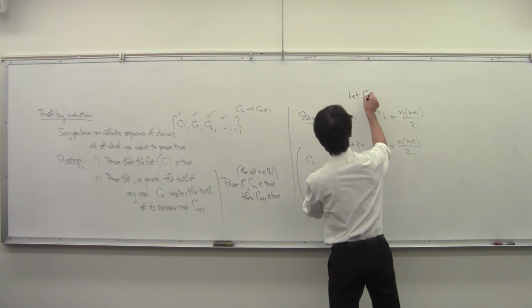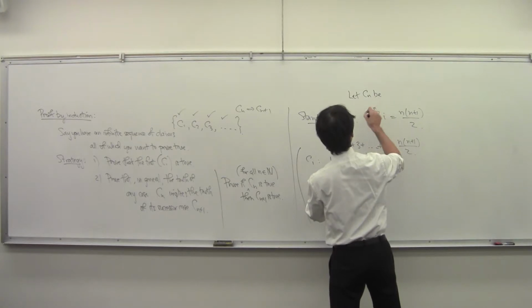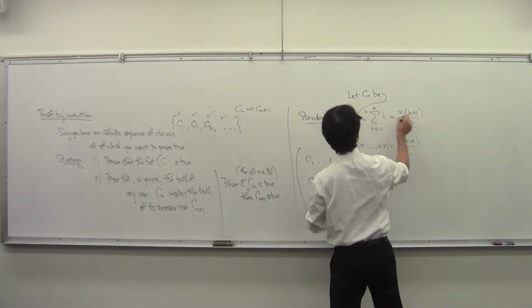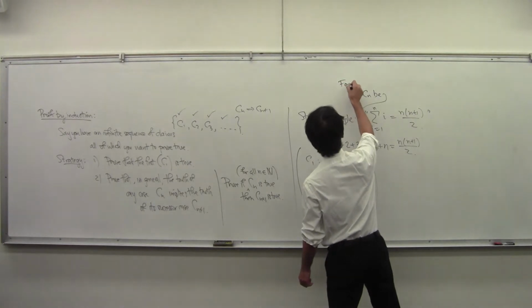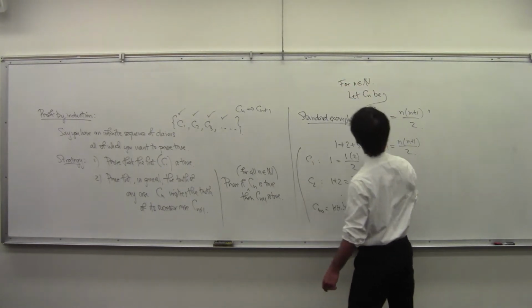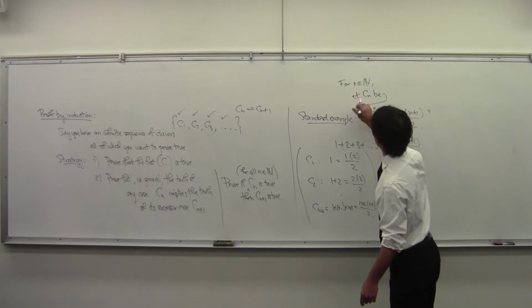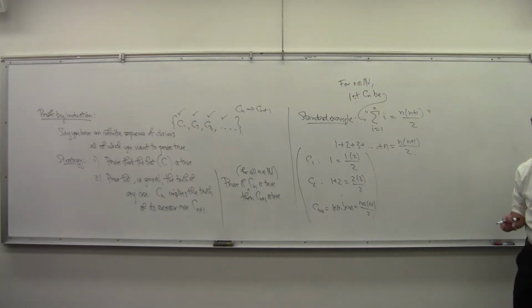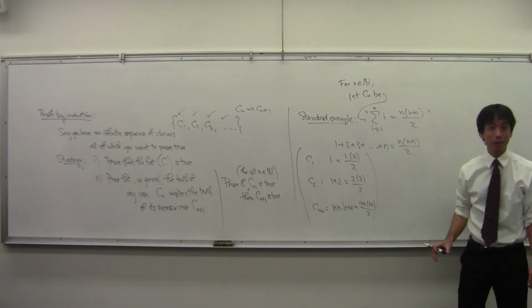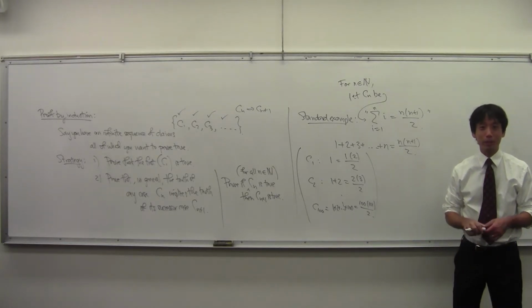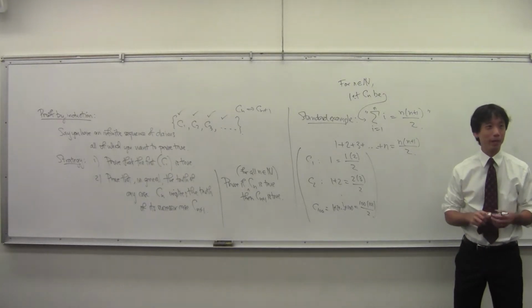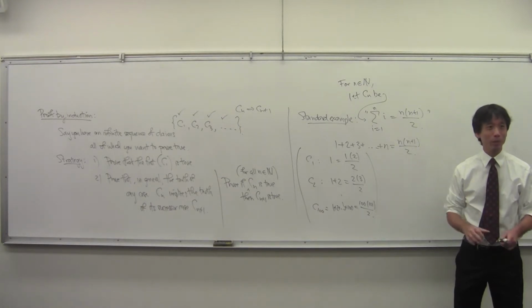Let claim n be this claim for each n in the natural numbers. This is a famous formula. The story that goes with it is that when Gauss was 8 years old, his class was being noisy, and the teacher said, "Everybody, be quiet.